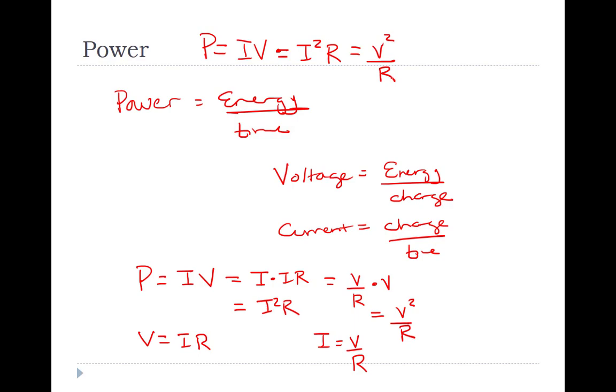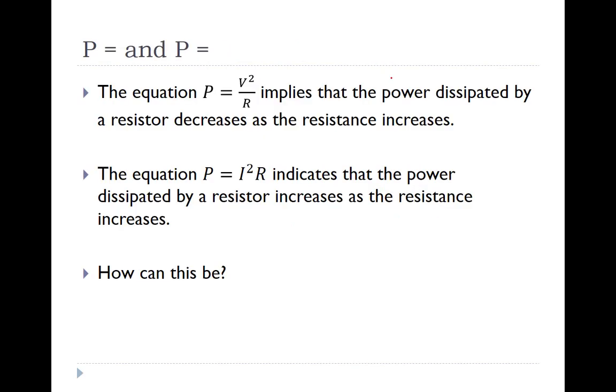What I would advise is looking at what you know and what you don't know, and then choosing the correct version based on the information you have. So let me give you a bit of an example here.